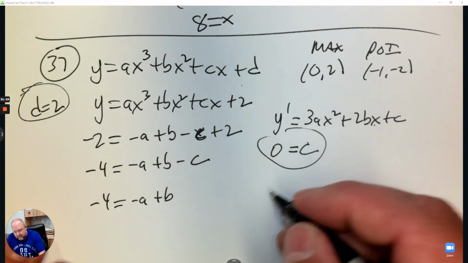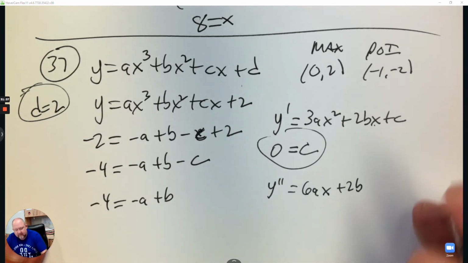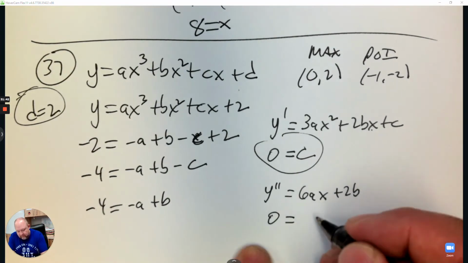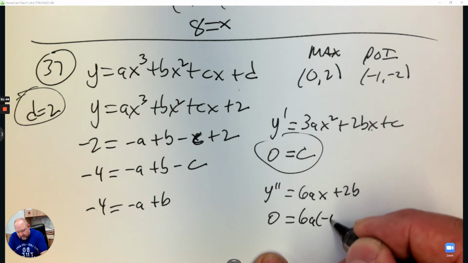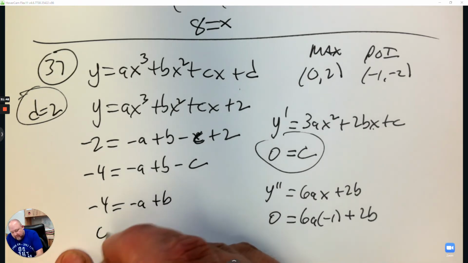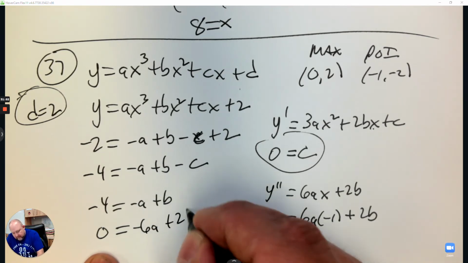So now I have -4 equals -a plus b, because c is 0, so we have two values left. I'm going to take the derivative again. That's 6ax plus 2b. Again, at the point of inflection, the second derivative will equal 0 when the x value is -1. So now I have 0 equals -6a plus 2b.